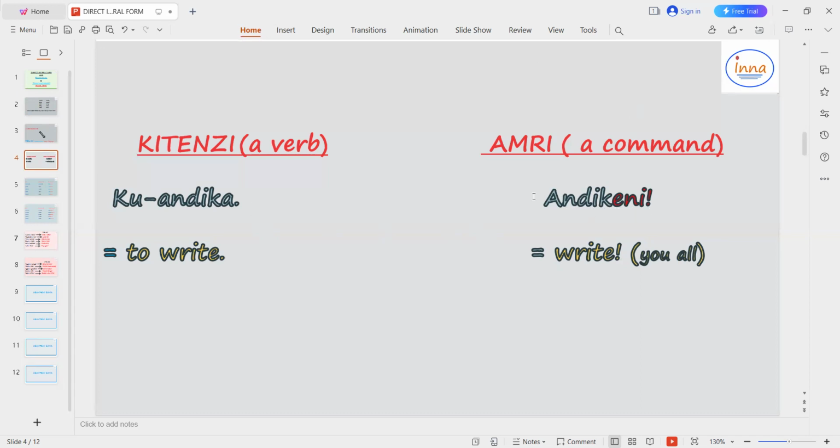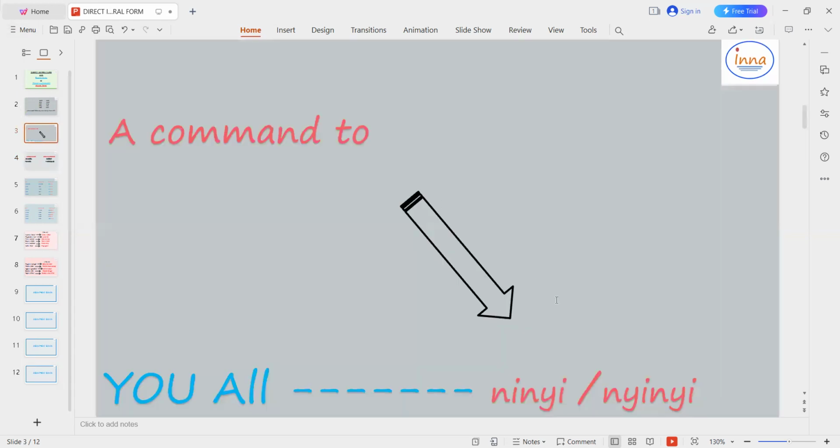Andikeni, this is a command to you all. Direct command to you all, and you all is the second person plural form, who is ninyi or nyinyi. Okay?